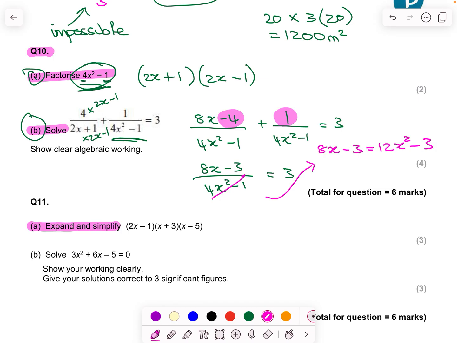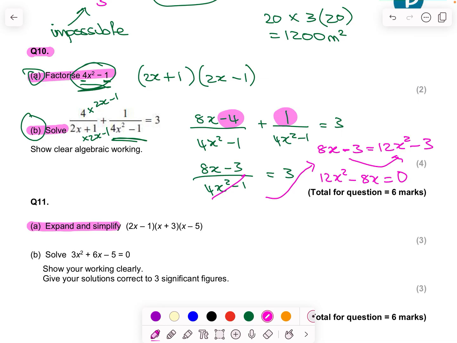And so I'm going to put them all onto this side to keep the positive x squared. So it becomes 12x squared minus 8x. I move the minus 3 over onto this side, so it becomes plus 3, and then moving it onto that side it cancels. So it equals 0. Oh, it's not too bad then.